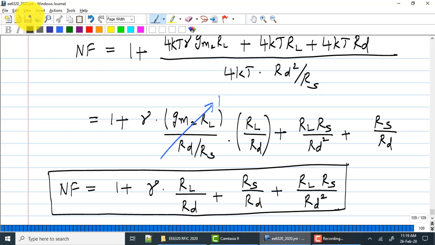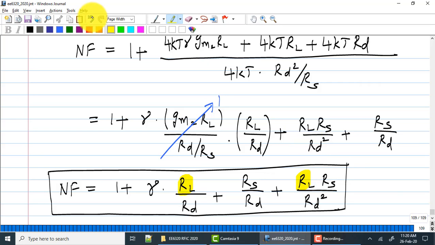If you see this, the way it is hidden is through these two terms. RL has to be minimized, RD has to be maximized. Remember that. So this was the condition, right?